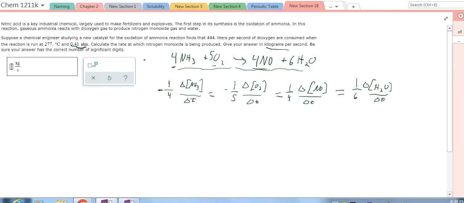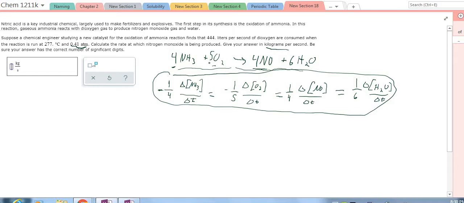Okay, so here are my rates that I'm going to be dealing with right here. As long as I wrote those correct, I'm probably in good shape.